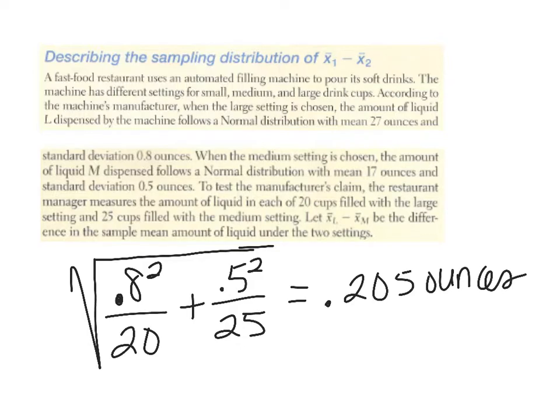My interpretation of that is that the difference in the sample mean will be about 0.205 ounces from the true difference in the means on average.